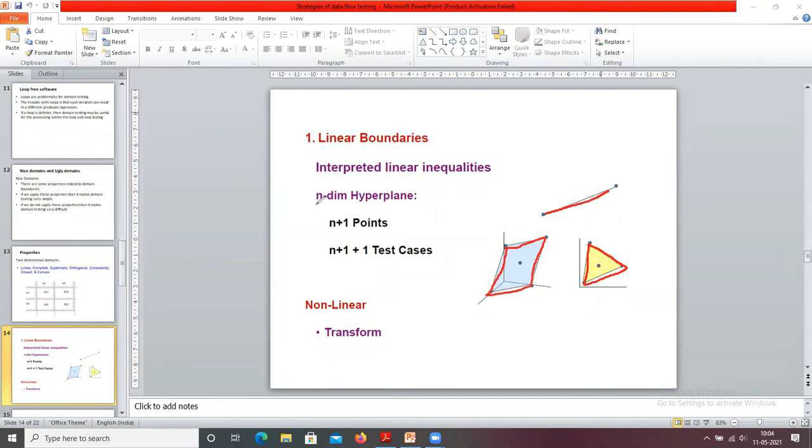In our previous example, two-dimensional domains, we have only two dimensions, row and column, for every domain. But in linear boundaries, we have n-dimensional hyperplanes. Here you perform n plus 1 points for n plus 1 test cases. And we have some non-linear transformation.